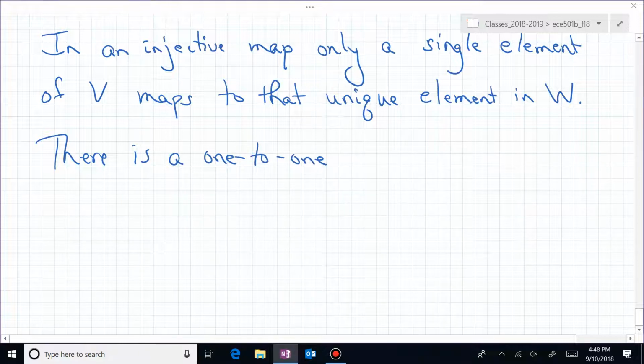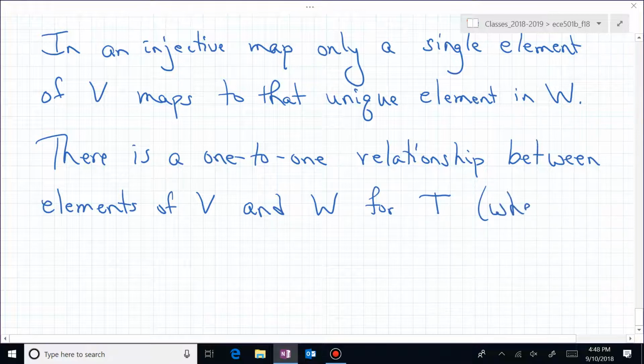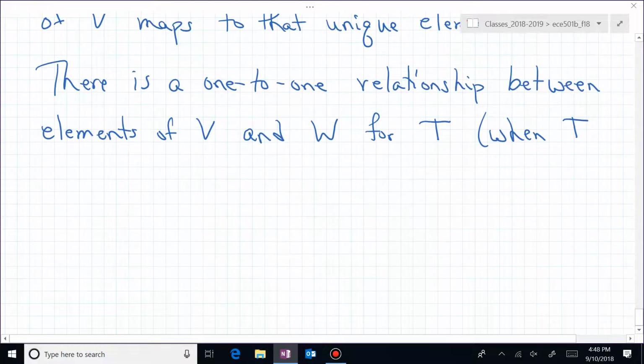There's a one-to-one relationship between elements of V and W for T when T is injective.